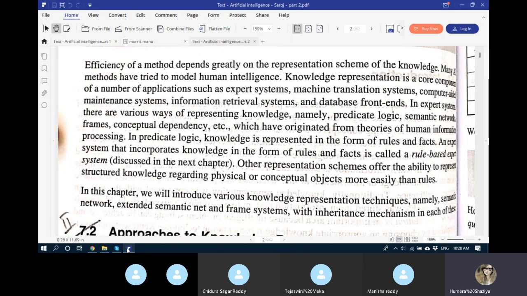And then you have information retrieval systems. An information retrieval system is a system in which you try to retrieve information based on keywords. If you want to know everything related to predicate logic and you search on a Google page, you get a number of pages, and those pages will contain information about predicate logic.